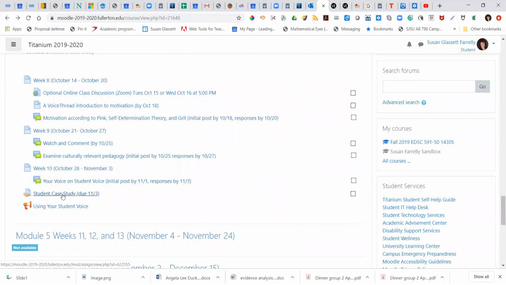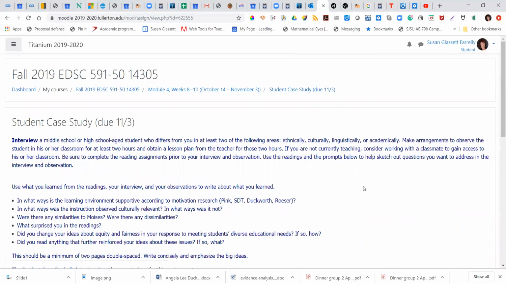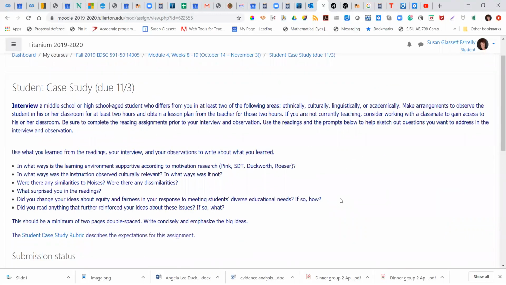And this is probably, what students often tell me becomes the most important assignment in this course to them. It has the most influence on their learning, and it provides the biggest takeaways for them. So what you're going to try and do is find a middle or high school student who differs from you in at least, and they can be one of your students, and I'm very flexible on how you make this happen because I know different school environments are radically different.